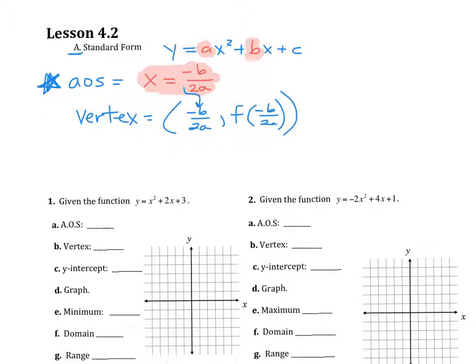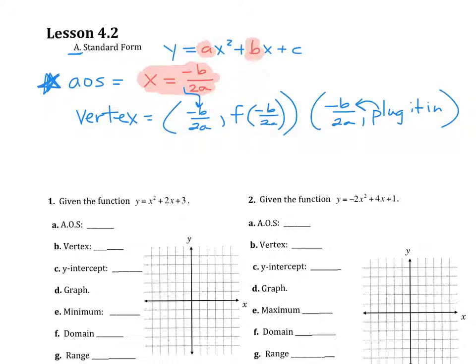If you want to write it that way so it's less confusing, you could write negative b over 2a and then plug it in, because that's essentially what you're doing to find y. You're just plugging this in and you'll get y. It'll make more sense as we do it.